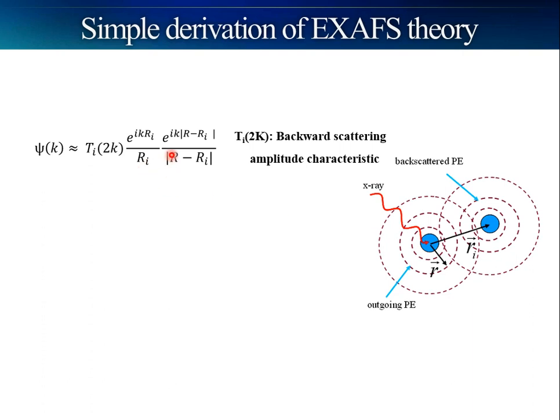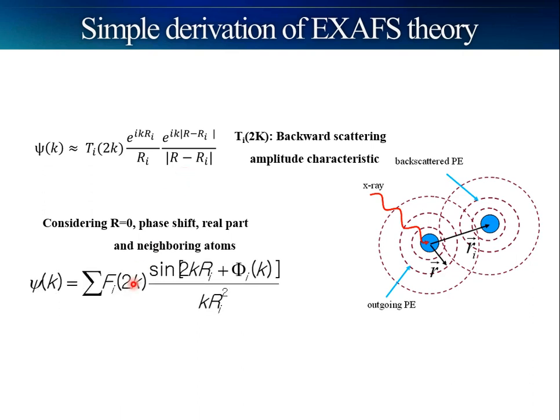Right? Considering phase shift, the number of neighboring atoms and the real part of the wave, we can get this equation. This is the phase shift, and the summation is over the number of neighboring atoms.